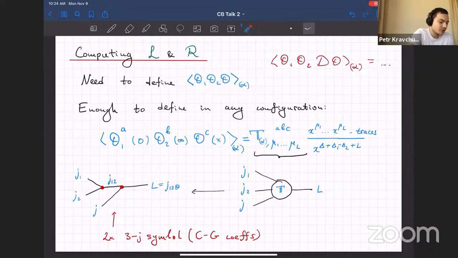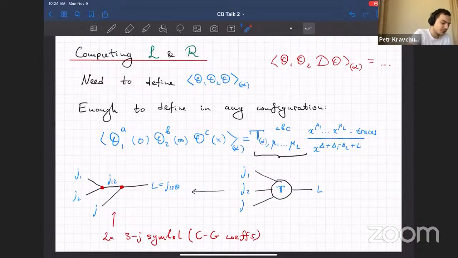Since they're conformally invariant, it's sufficient to specify them completely in any configuration of the 3 points. It turns out that it's very convenient for our problem to specify them in a slightly wider class of configurations, not at one configuration but in some restricted class.